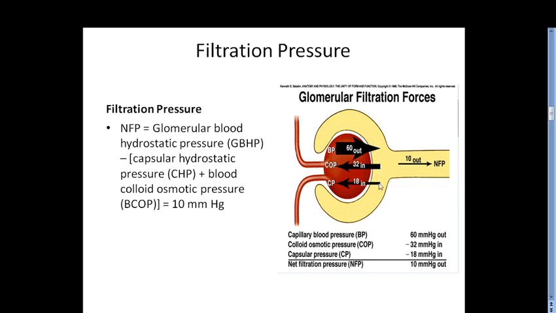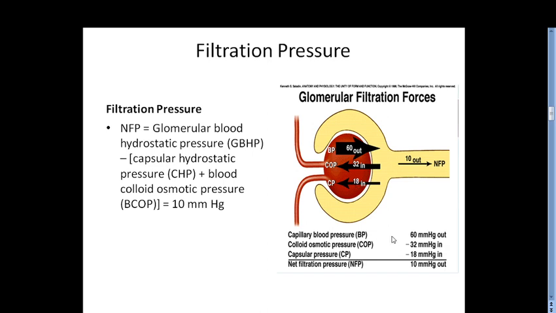Similarly, the fluid within the Bowman's capsular space also exerts a hydrostatic pressure, which is about 18 millimeters of mercury. If we sum up all these forces, one is an outward force and two are inward forces.